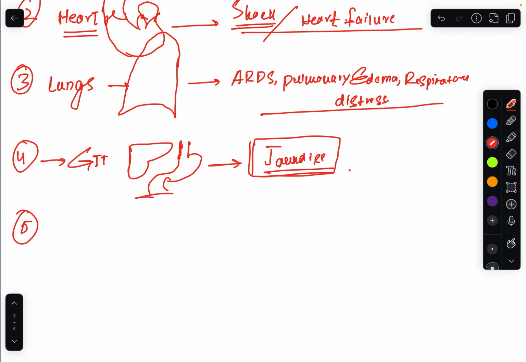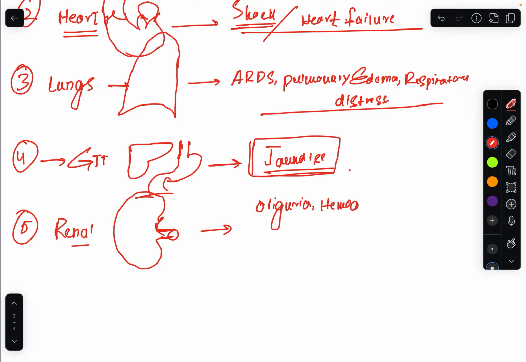Then renal. When kidneys are affected, you can have oliguria or hemoglobinuria. You can have AKI, acute kidney injury, and flank pain.